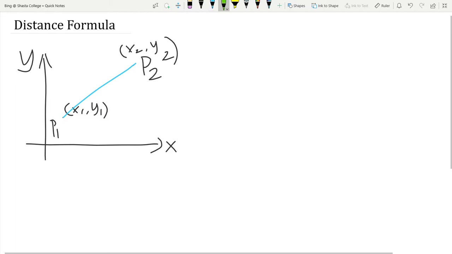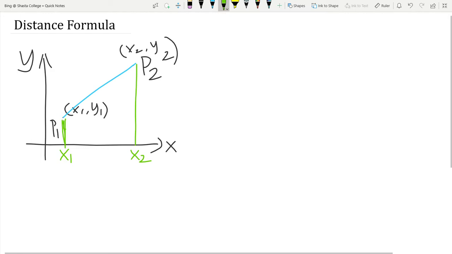So first of all, what is this value on the x-axis? Well, this value should be x1 because that corresponds to the x-coordinate for P1. And similarly, this value here on the x-axis is x2, which is the x-coordinate for P2.